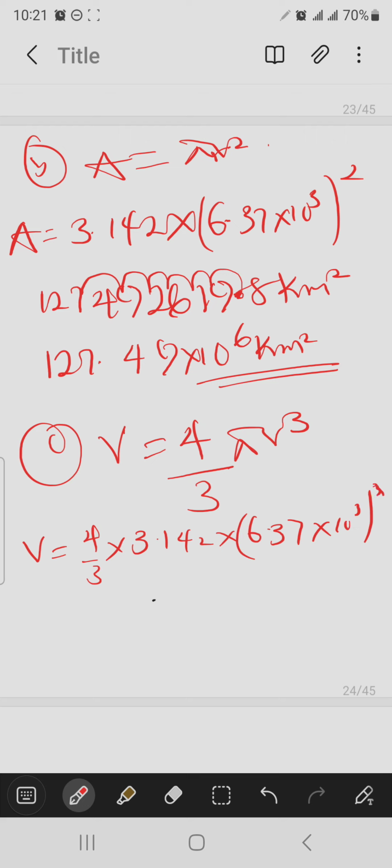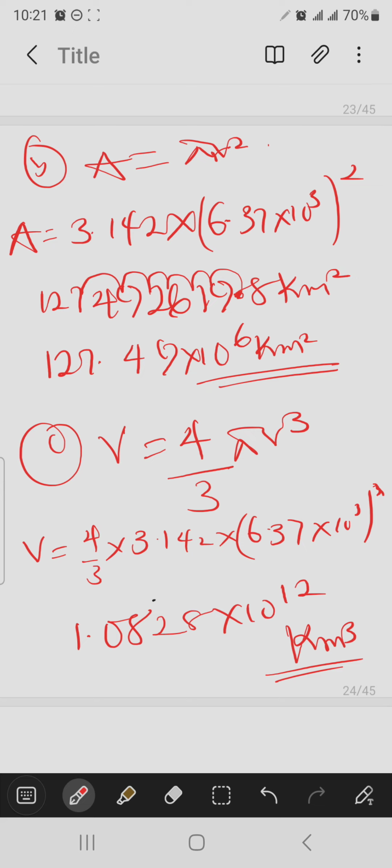When you multiply this, the answer is approximately 1.0828 times 10 raised to the power 12 cubic kilometers. That's going to be your answer.